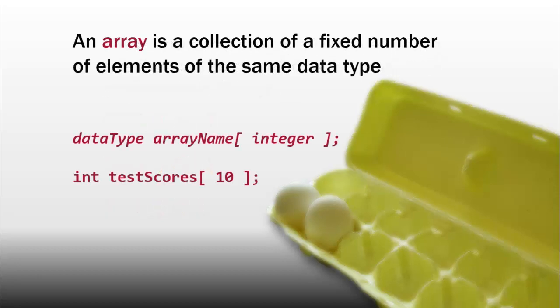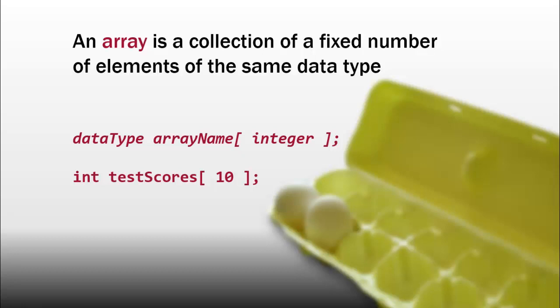An array is a data structure, a collection of a fixed number of data elements, and each of those data elements is of the same type. The declaration for an array starts out like most variables that you've declared, starts out with a specific data type, in this case integer, and then an identifier that the array will be known as, and then within the square brackets the size of that array.